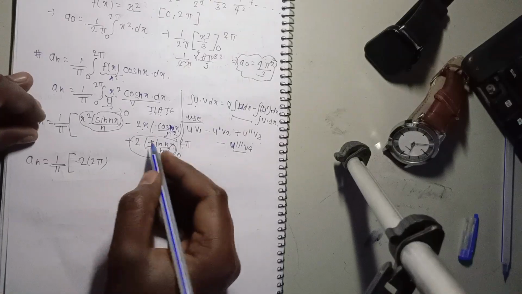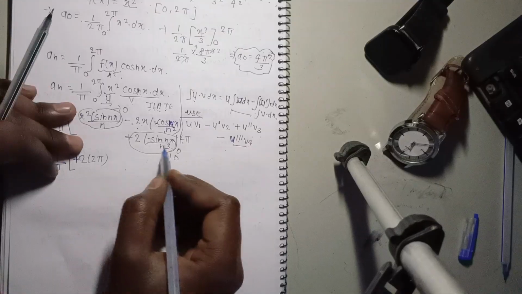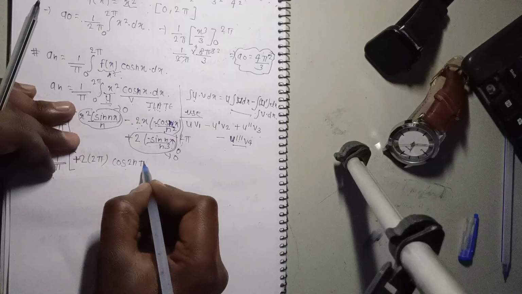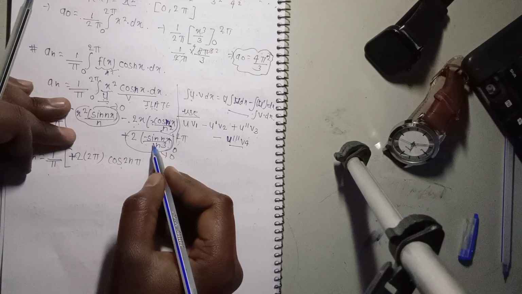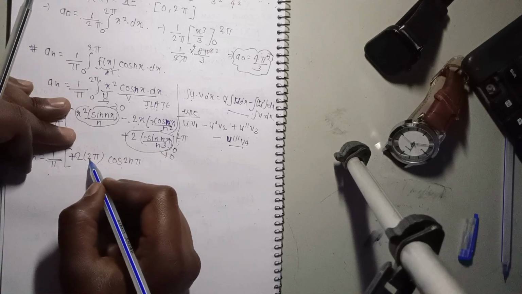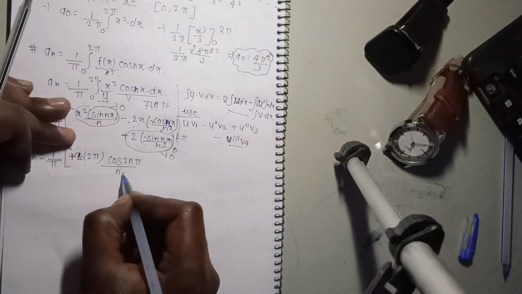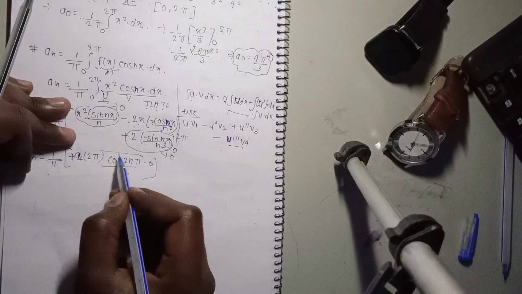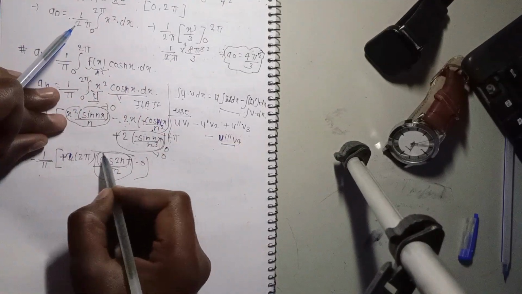Okay, this as you can see is minus plus, and cos n pi, cos 2n pi, so this is only cos 2n pi upon n square, and the other term is 0. So as you know, in the property cos 2n pi is 1, so this will be 1, this only will be 1.